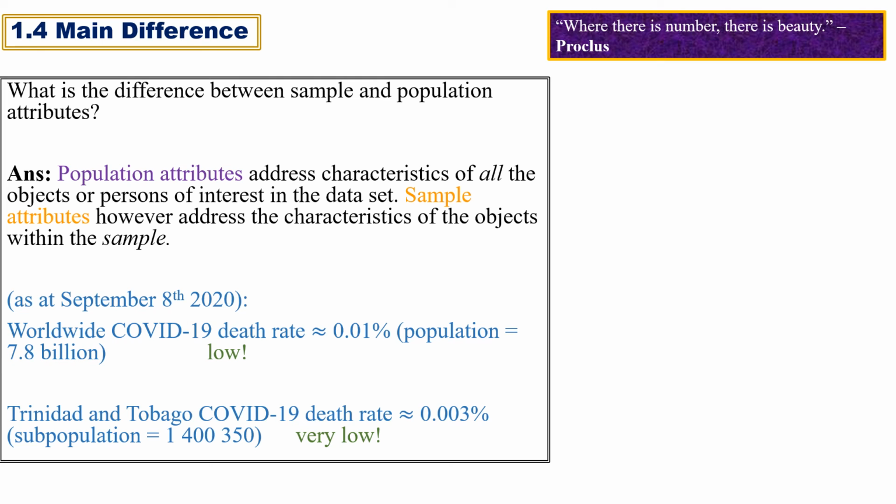But the sample attributes address the characteristics of the objects within the sample. As we could see here, there were different values that were calculated. For the worldwide death rate, it was 0.01%, and for the Trinidad and Tobago COVID-19 death rate, it was 0.003%. So one population attribute was low and one sample attribute was very low.